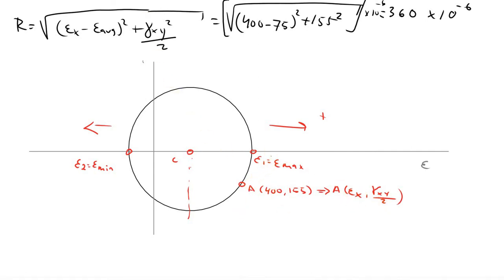And what I want to do is draw out all my relationships. So center to my A, we simply know that this is going to be my radius. And then I want to go ahead and find my transformed strain, which I know is going to be located 30 degrees from my original X plane.